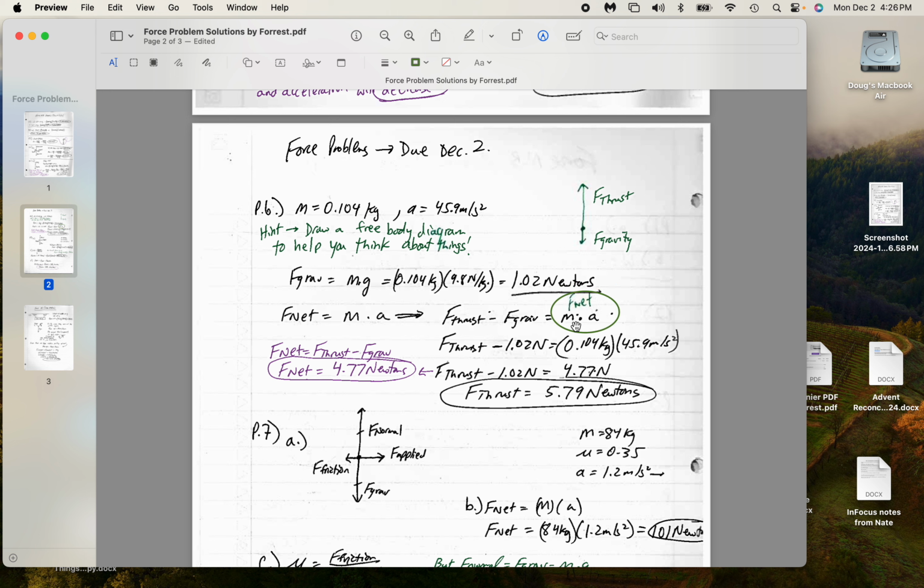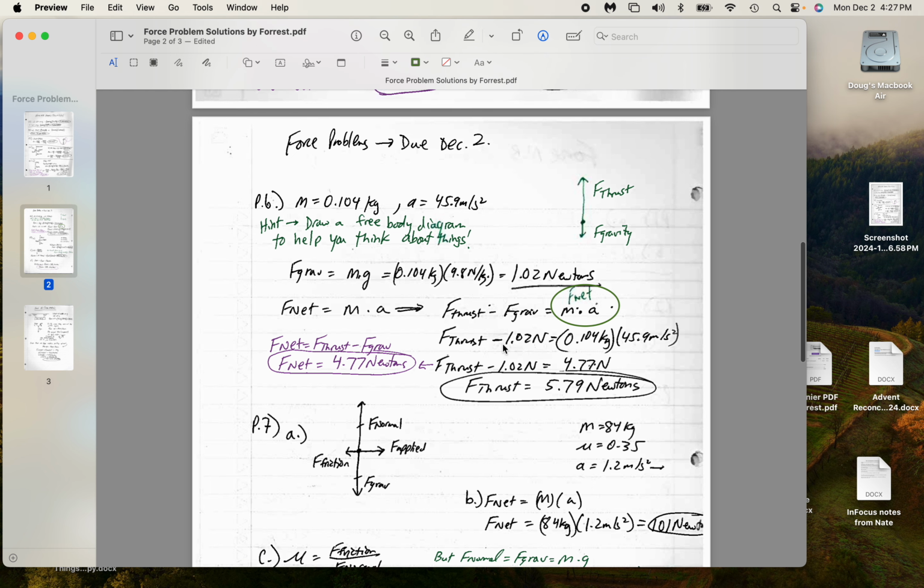So that's the net force, 4.77 newtons. So the thrust minus the 1.02 newtons of weight, or gravitational force, would equal the net force. So the thrust has to be more than the weight of the object.